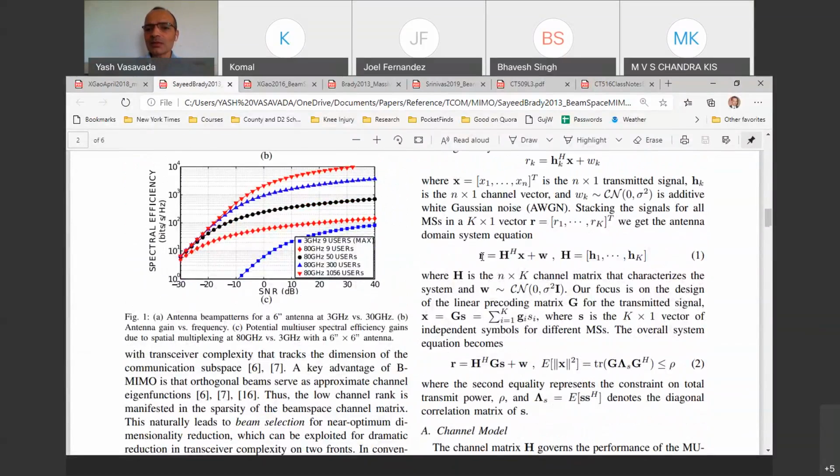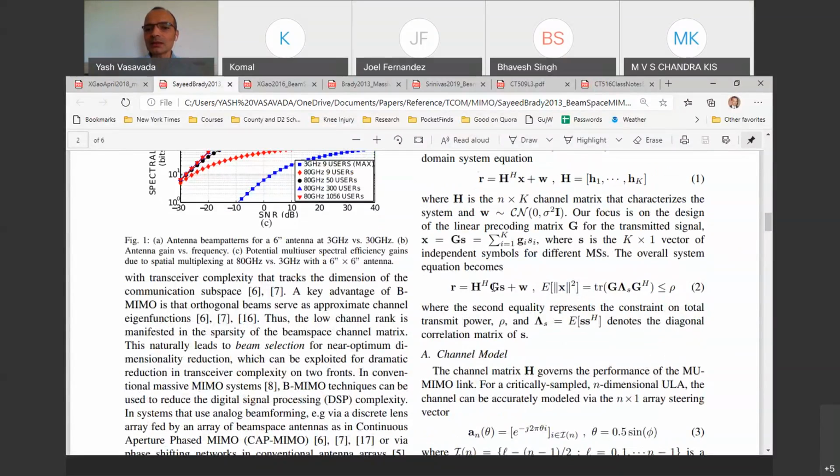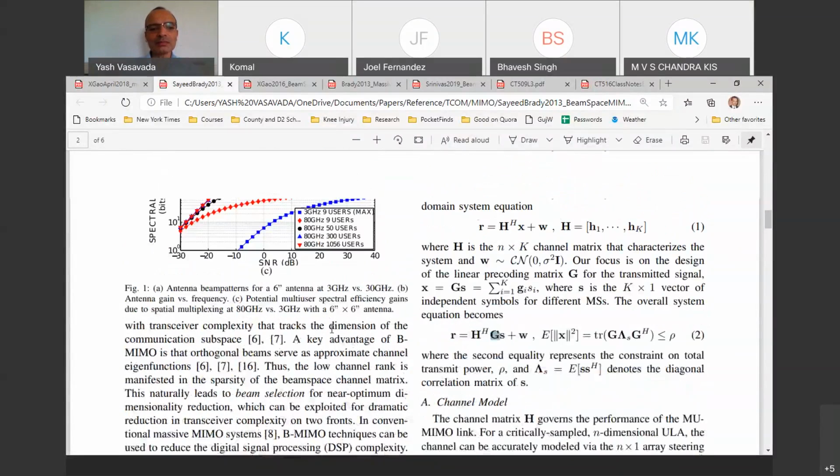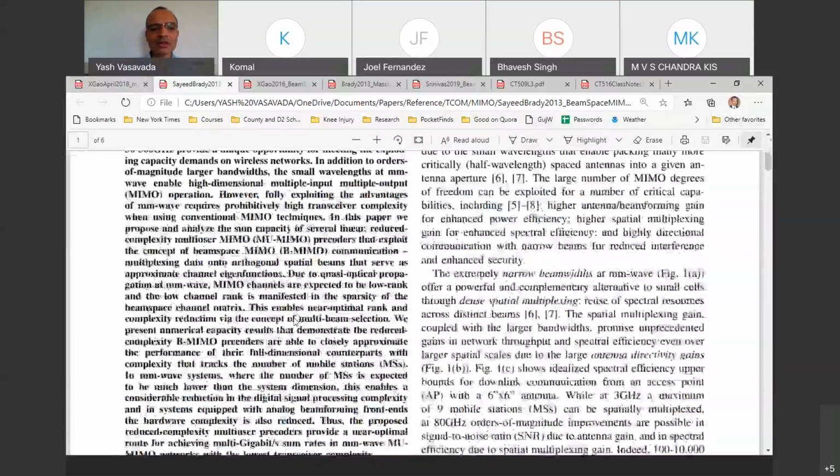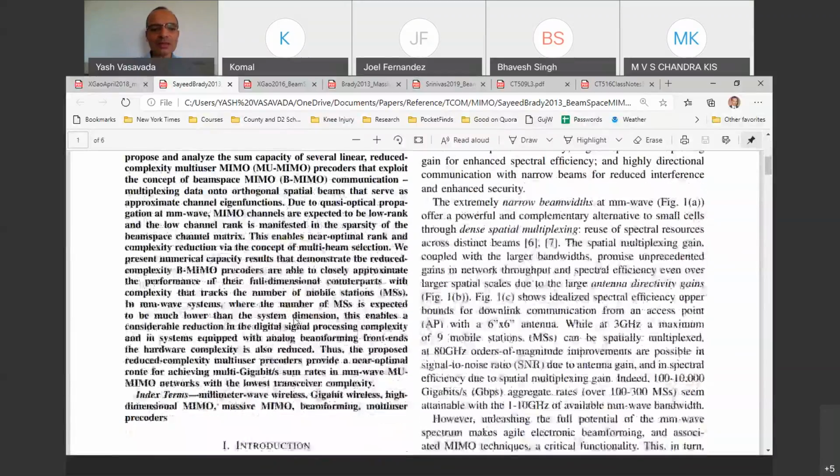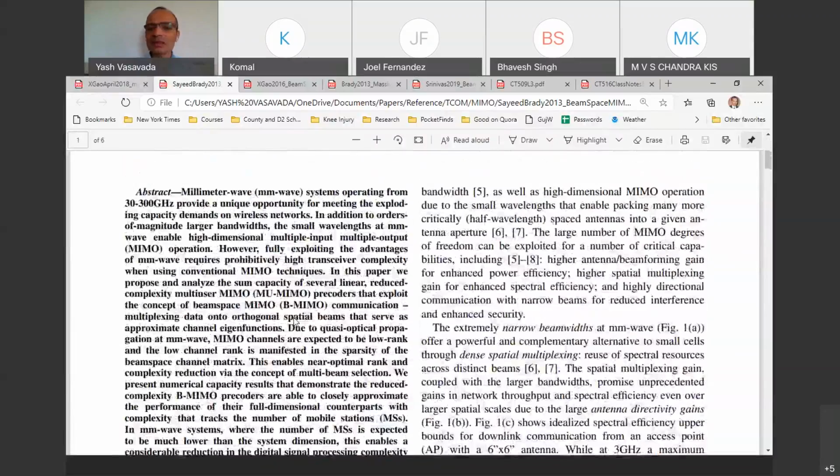This is their system equation. And now here, they are applying the precoding. So this is in the context of transmit side beamforming or transmit precoding. Somewhere they should have written it.